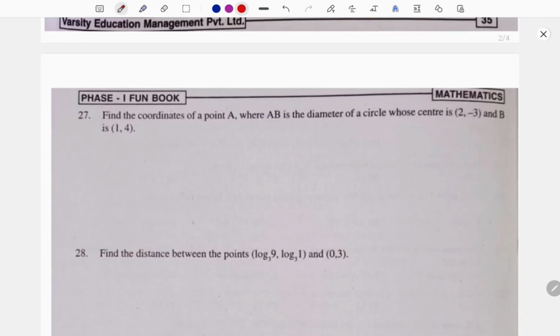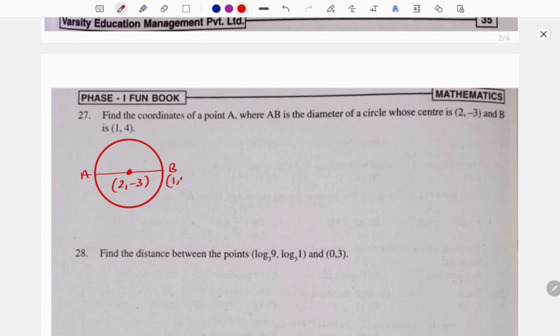Okay, now the next one is the 27th question. Find the coordinates of point A where AB is the diameter of the circle. Suppose this is the diameter AB. He has given that the center is 2 comma minus 3, and B is 1 comma 4.